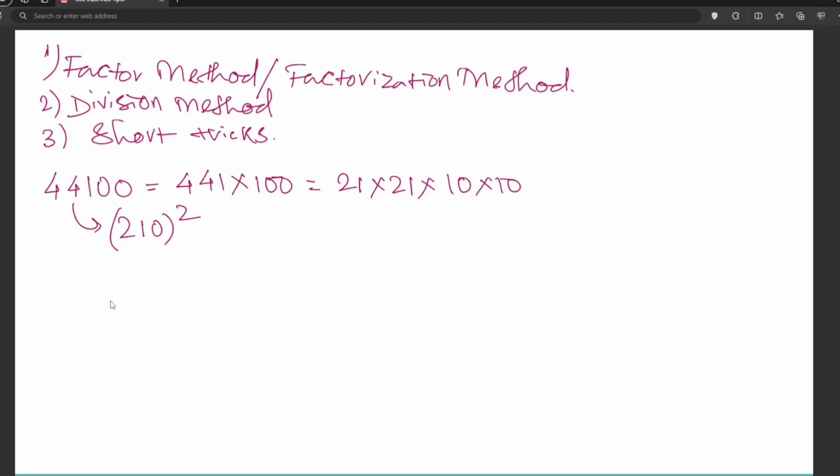Now the division method. Suppose we take the number 10404. We have to find the square root of this number. For that, we will proceed in this way.